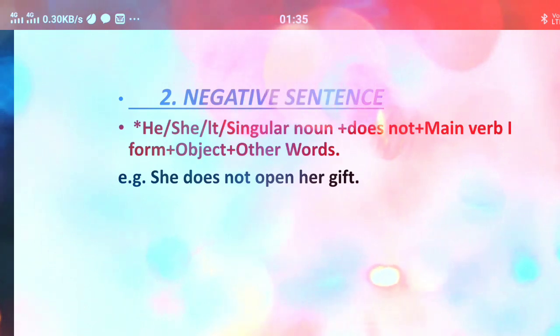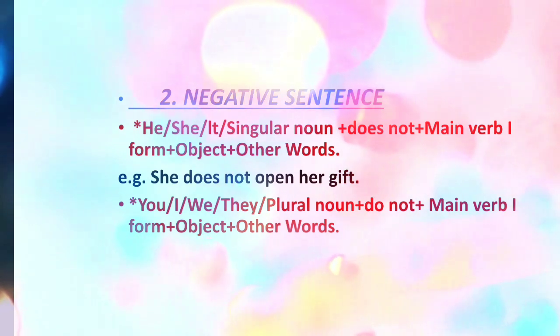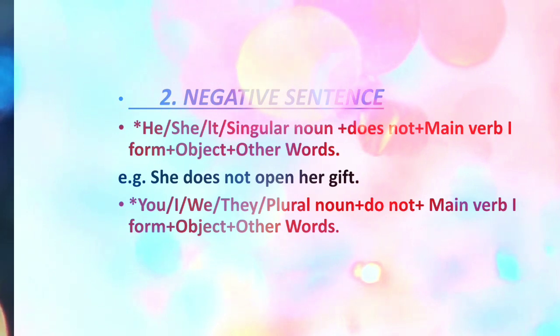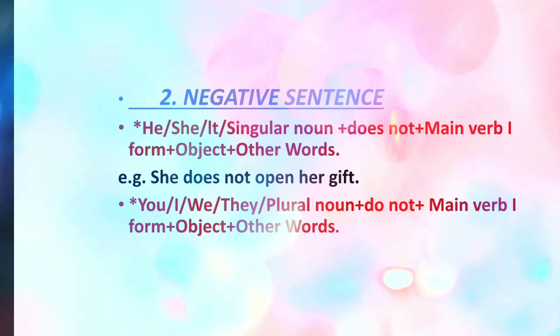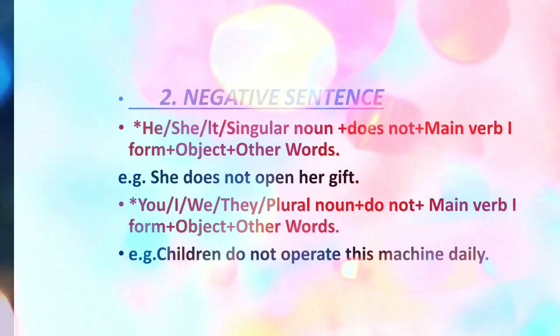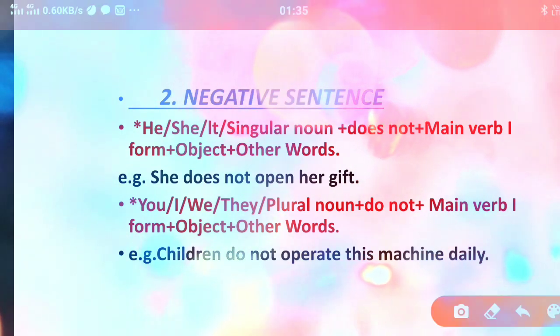Next, if the subject is you, I, we, they, or a plural noun, then you have to use do not with the main verb in the first form, and other things are the same. As an example, children do not operate this machine daily. So here you can see that do.